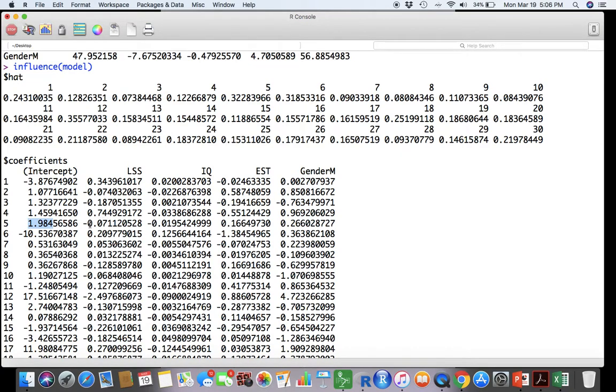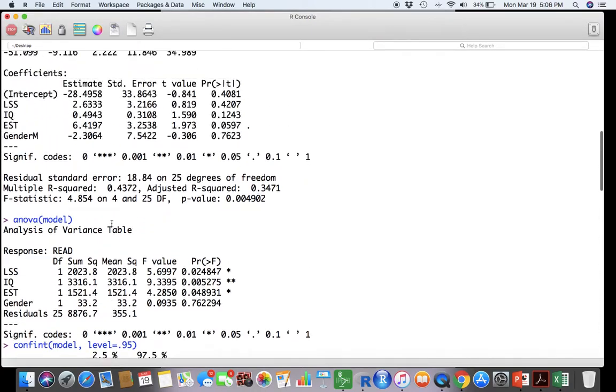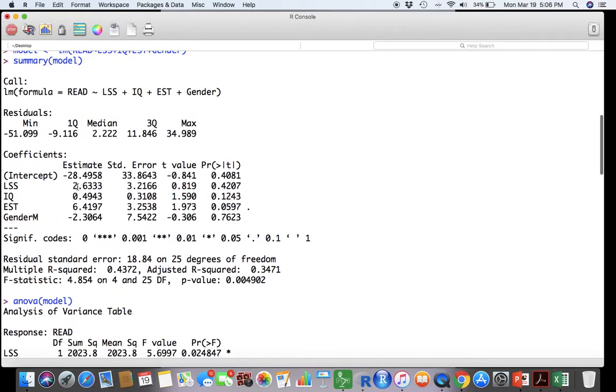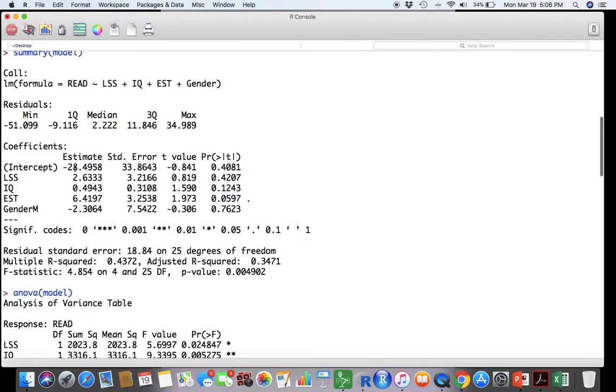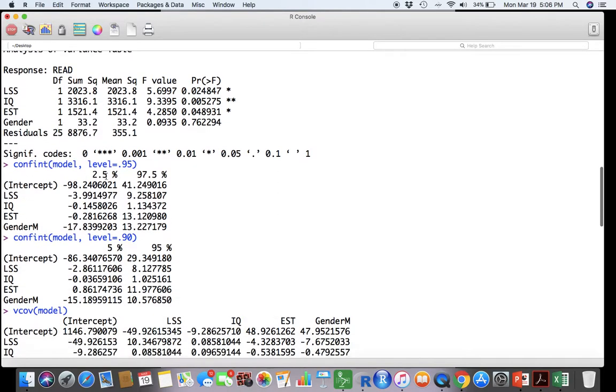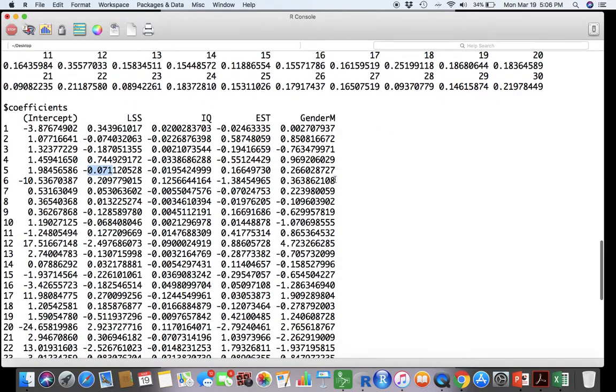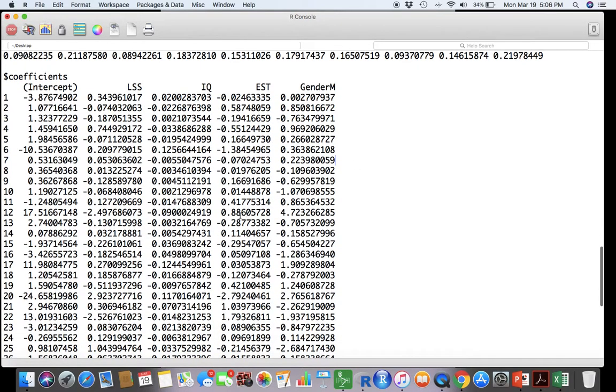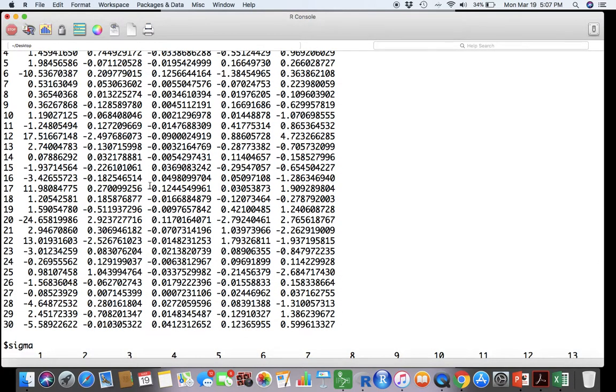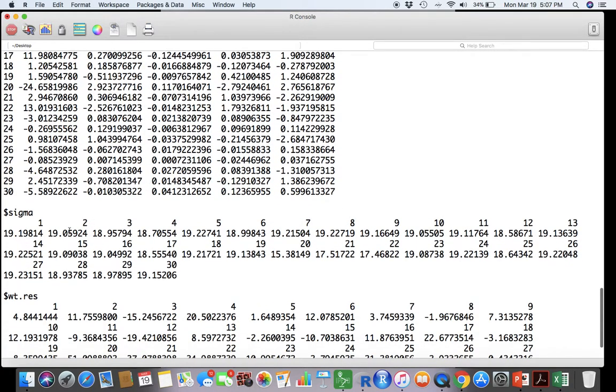The LSS would change to negative 0.07 from 2.63. So you go through here and you can look to see the impact on each of these, deletion of each of these people on the overall diagnostics.